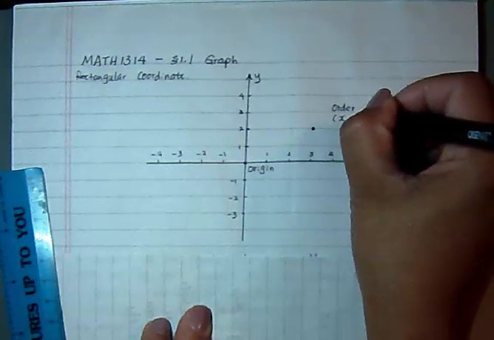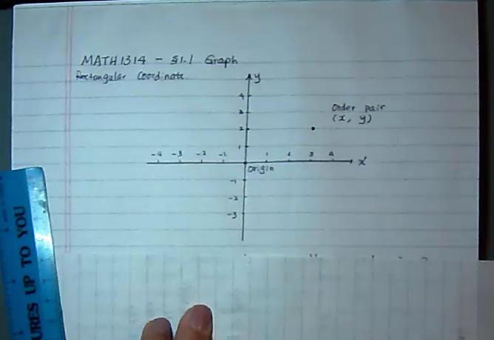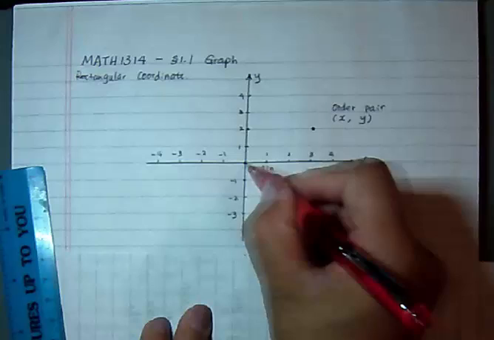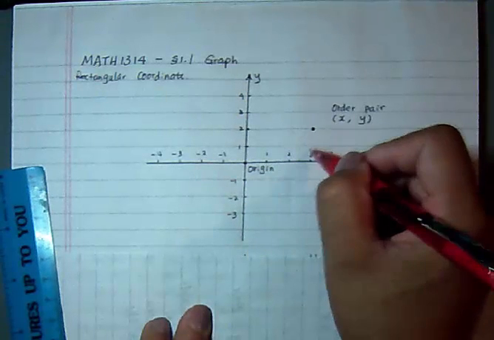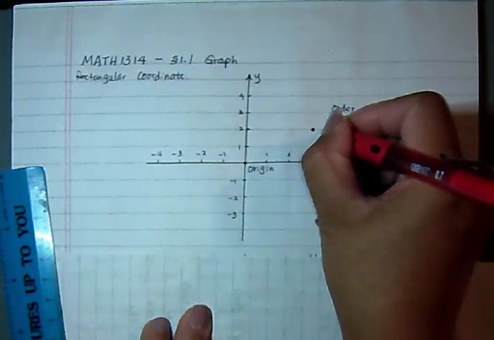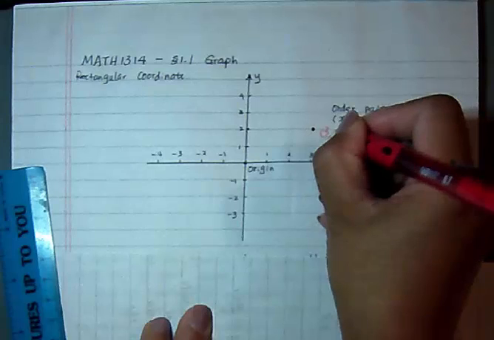The second one is y, which is the vertical distance from 0. The point I just labeled is 3 units from 0 horizontally and 2 units from 0 vertically. So this point is (3, 2).